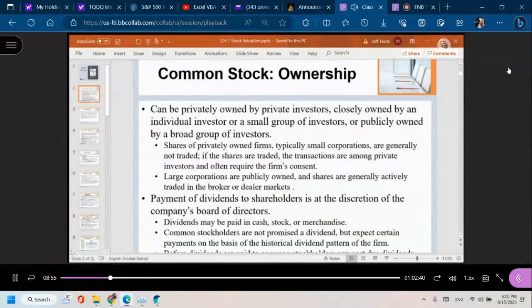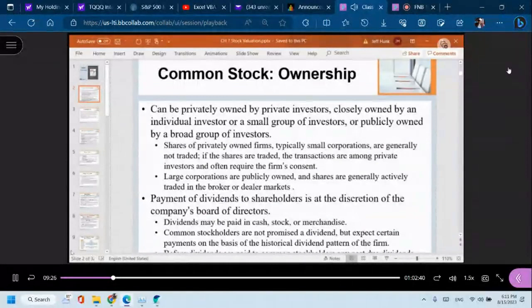The first time the stock is issued by the company and sold in the market, that's called the primary market. In the primary market, the stock is transferred from the issuing company to the first round of buyers, and from there on, it's all secondary market.